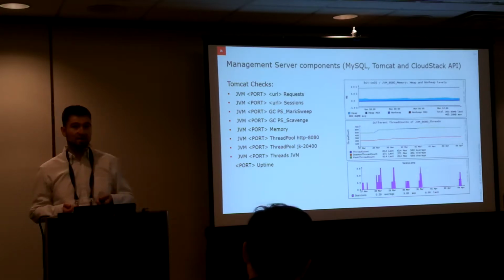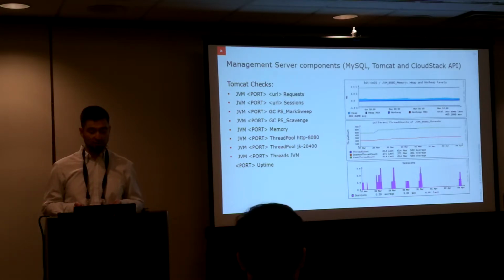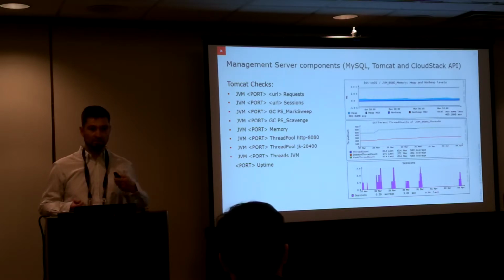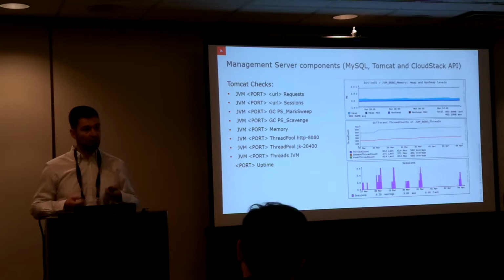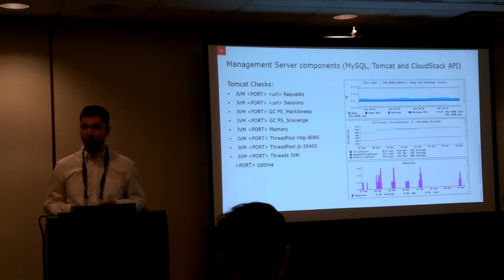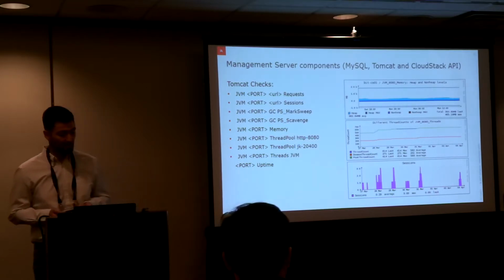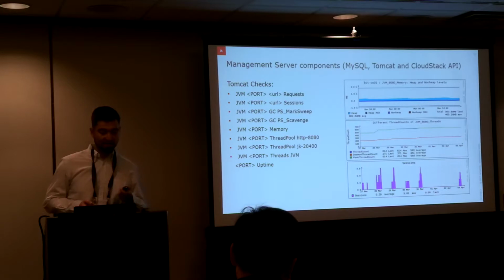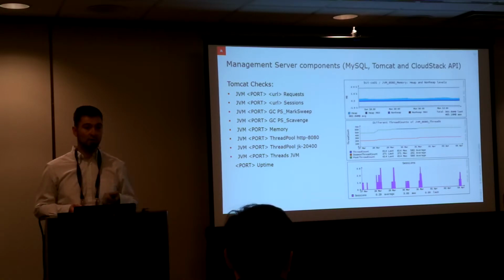So the installation is quite similar to the MySQL check. You just have to download the Jolokia WAR file, the plugin, and then use the auto inventory function on the management host to get the checks into your monitoring system. That means you will get the request and session checks for every URL which is hosted on the Tomcat service.